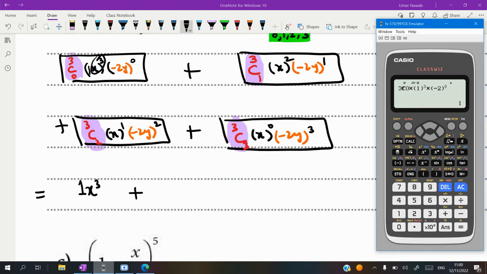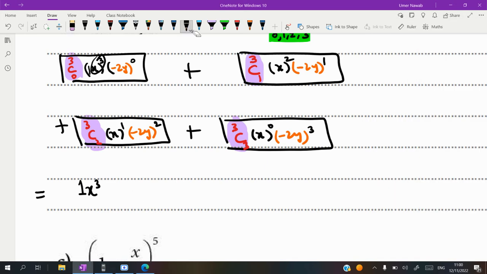After that, we need to go and change the powers. So 0 move to 1, and this 3 move to 2, and then this 0 move to 1. So we got minus 6. So I'm going to write here negative 6. What is the power of x? I'm going to get x squared and y power 1.